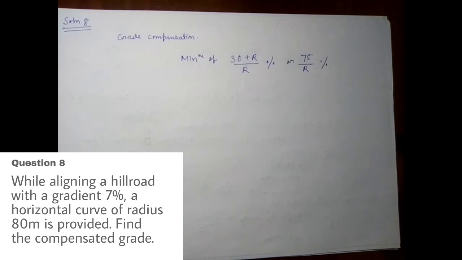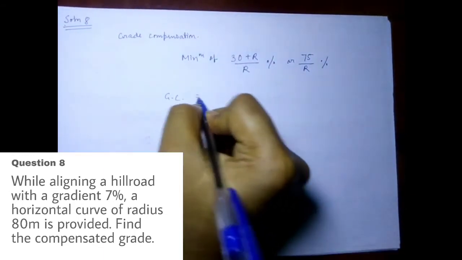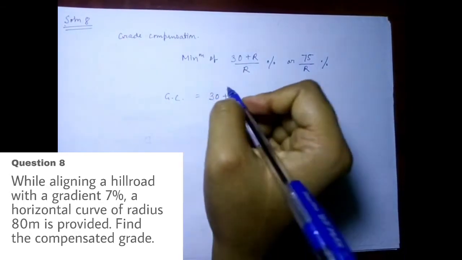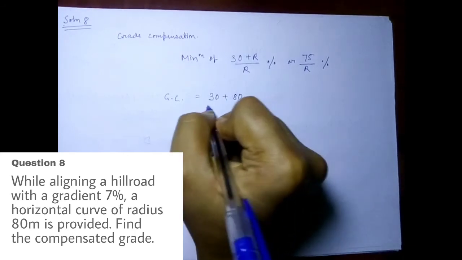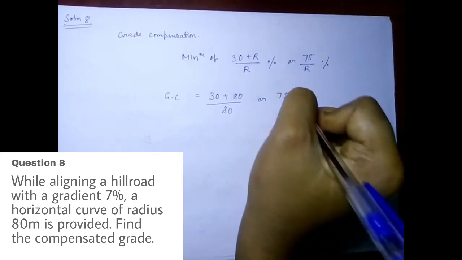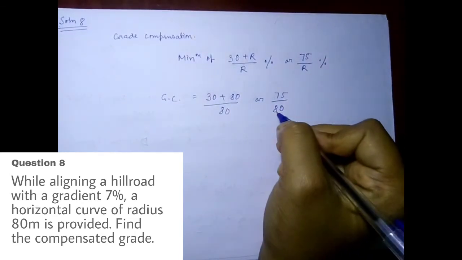So let us get them. R is given as 80 meters. So it will be like GC equal to 30 plus 80 upon 80, or 75 by 80.